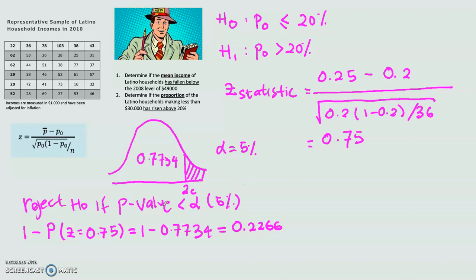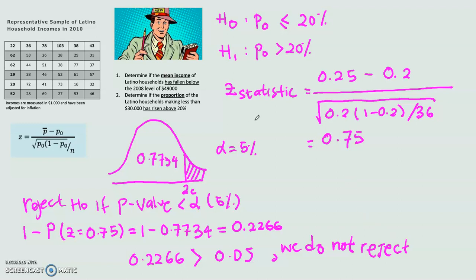So based on the rejection rule, the p-value, 0.2266, compared with 0.05, is greater. So again, we do not reject H0.